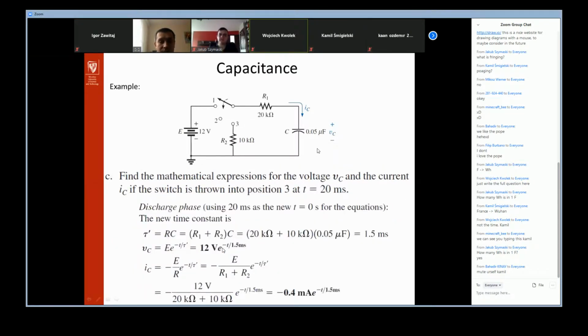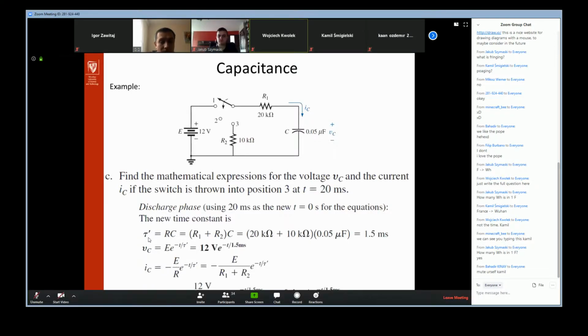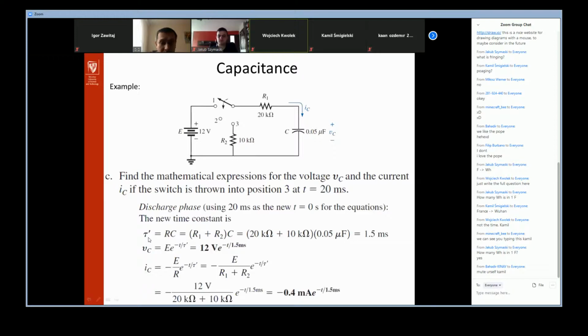So that is the initial value here, and the expression is an exponential function going from the maximum to 0 for the discharging process. That we can describe. Great. So we just substitute E as 12 volts, and the time constant here is the time constant for the discharging process. So it is minus t over 1.5 milliseconds here. As you see, we changed the time constant.